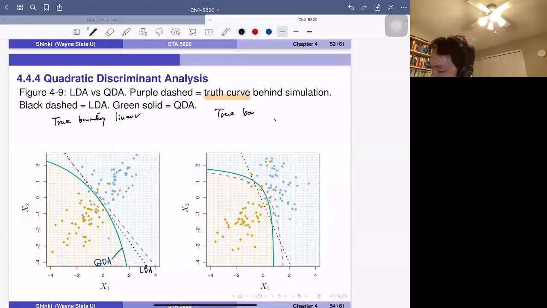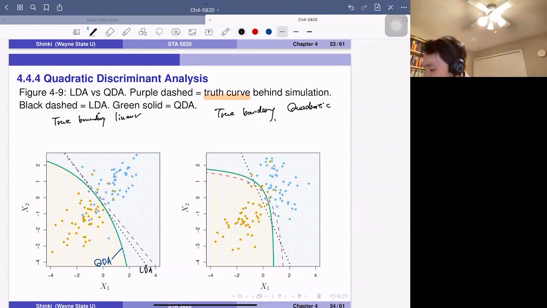On the right-hand side, the true boundary is the purple line again, and the true boundary is quadratic. The green one is estimated by QDA and the black one by LDA again. Which is better? The green one is probably better.